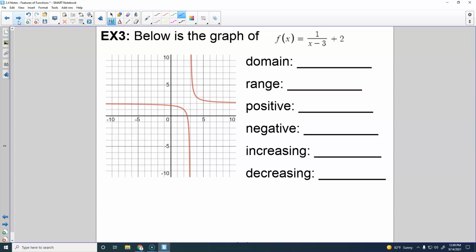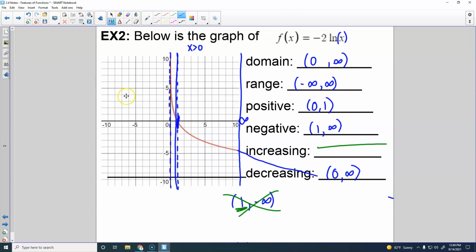All right, let's look at a rational. This particular rational has been moved to the right 3 and up 2. For square roots, for natural logs, and for exponentials, yes.